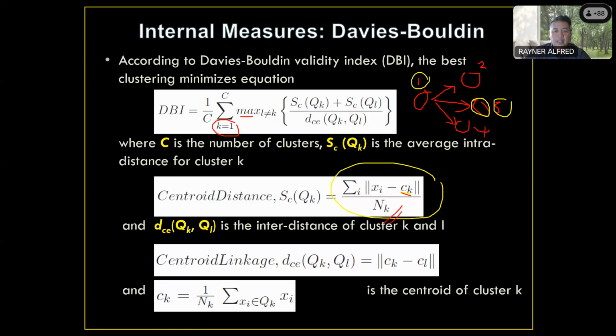We're also looking at the distance between 2 clusters. So we are looking at the distance between the center of the first cluster and the second cluster. This one, looking at how do we find the center. So basically, we add up all the value and then we take the average. Okay. So that's how we interpret the formula.